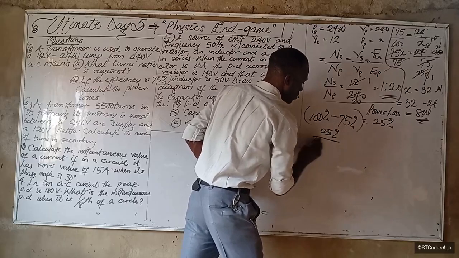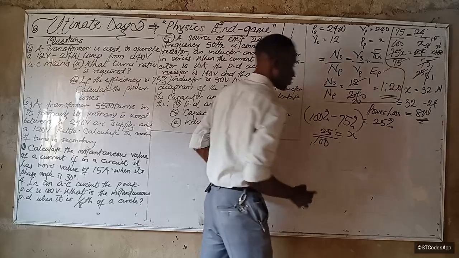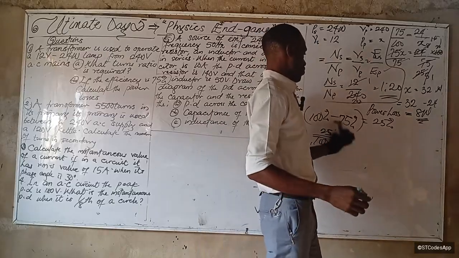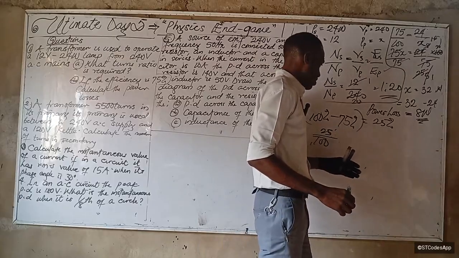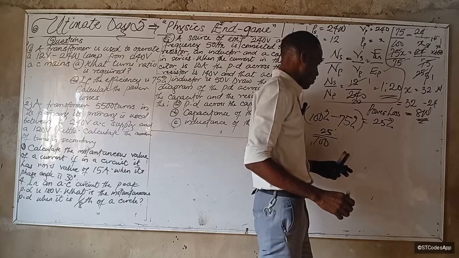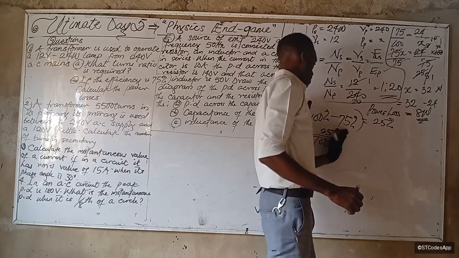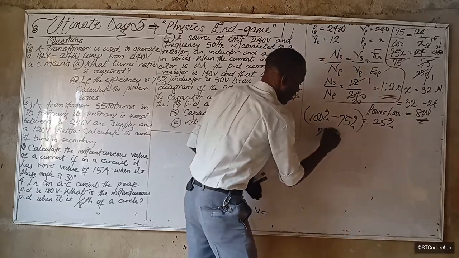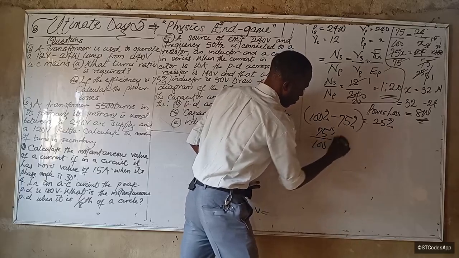25 over 100 of a particular x. No, we are not looking for that x. What we are looking for is that amount that is 25%. Is that okay? This 75% is 75% of x.